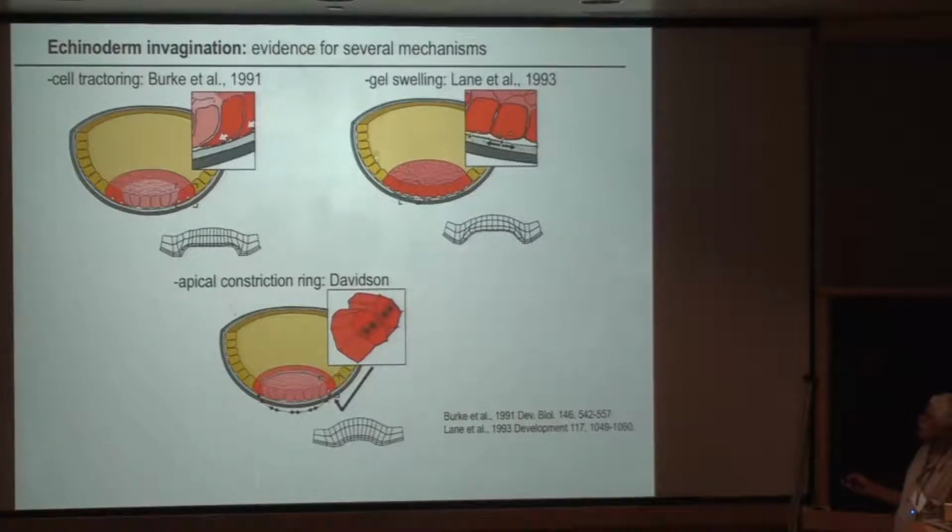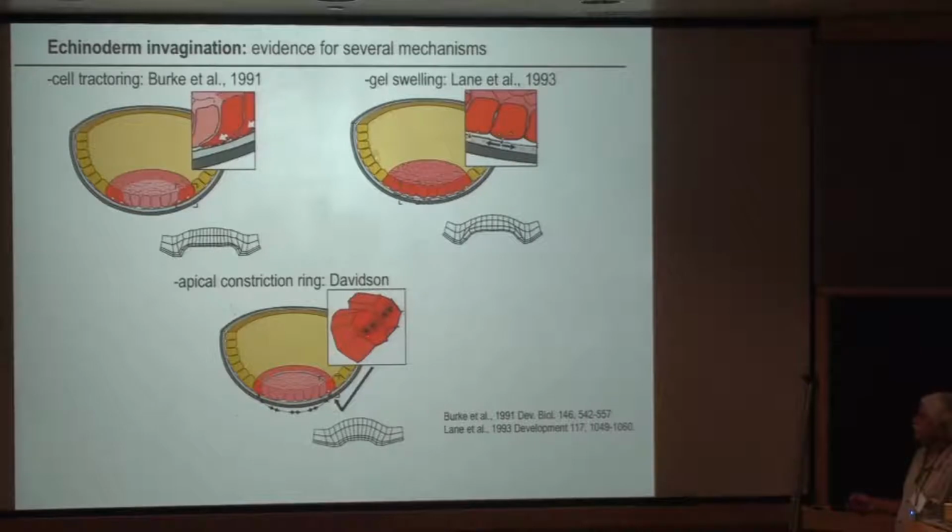And at a particular matrix stiffness you can get bending. And in fact, experimentally, you can hit these things with cytochalasin and completely dissociate the cells. As long as they can secrete, it will bend the sheet. But if you block secretion of this proteoglycan, it won't invaginate.